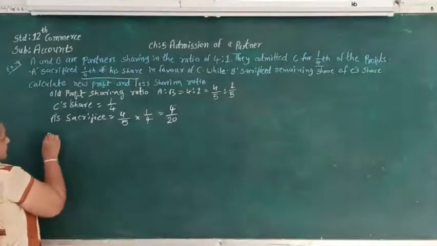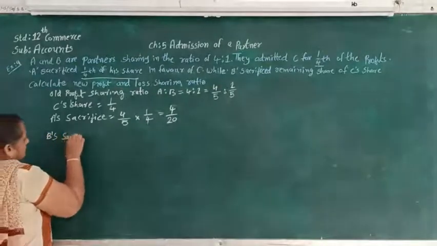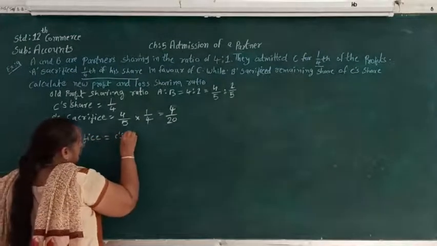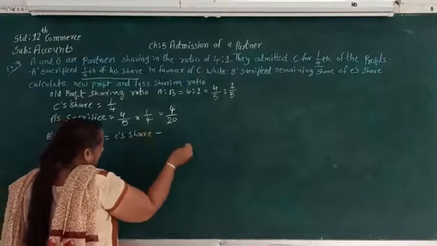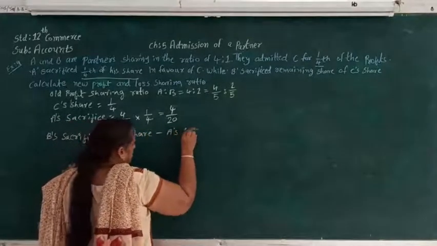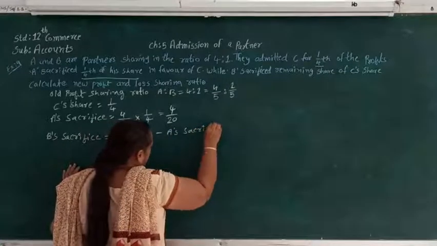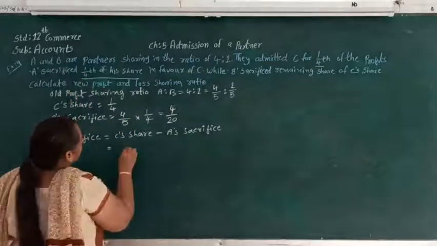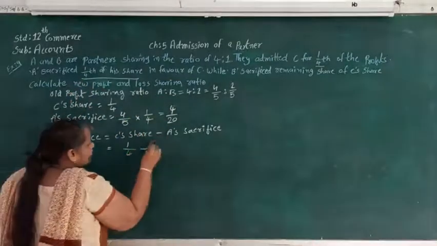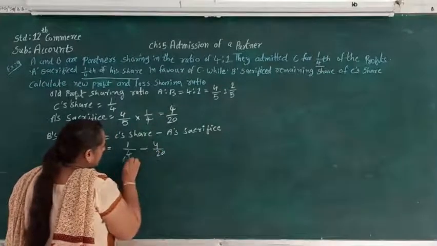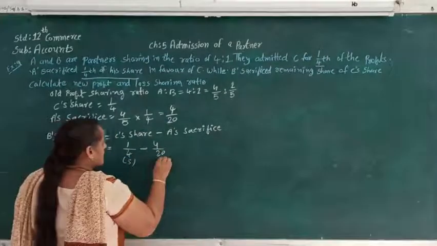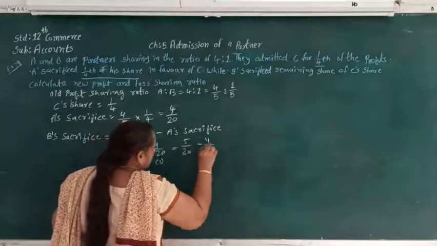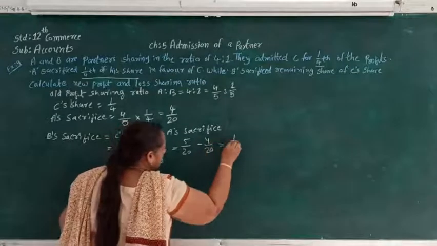So B's sacrifice is equal to C's share minus A's sacrifice. So here C's share, as we know, is 1/4 minus 4 by 20, meaning making the denominator same, here 5/20 minus 4/20 is equal to 1 by 20.